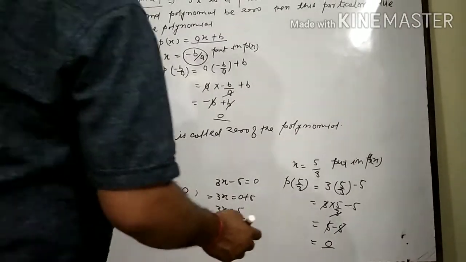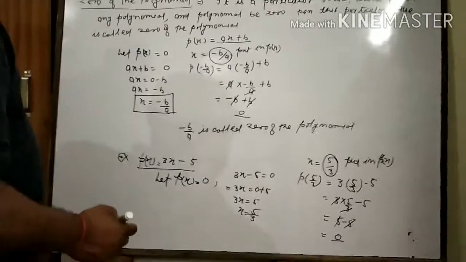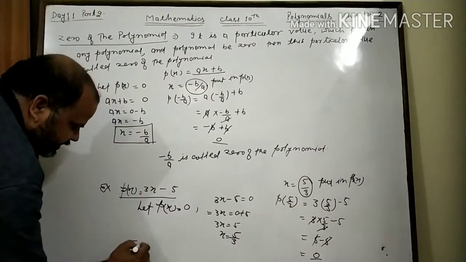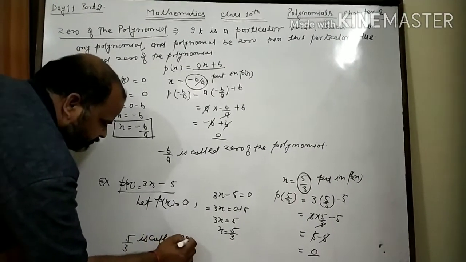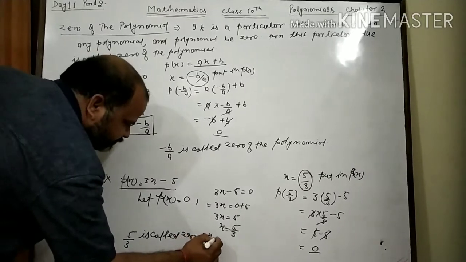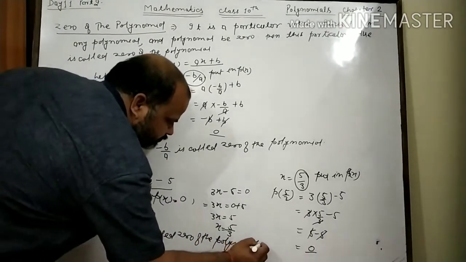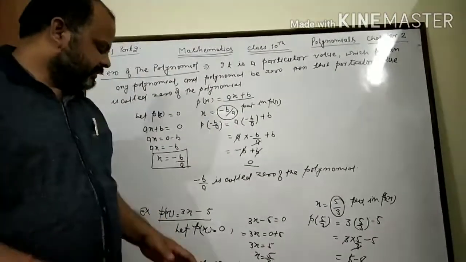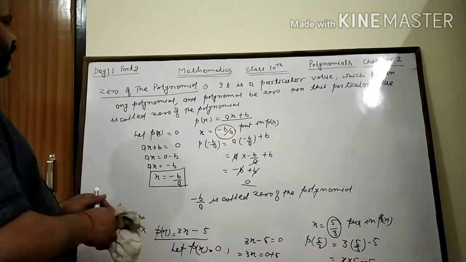Then here 5 by 3 is called zero of the polynomial. Clear? Okay.